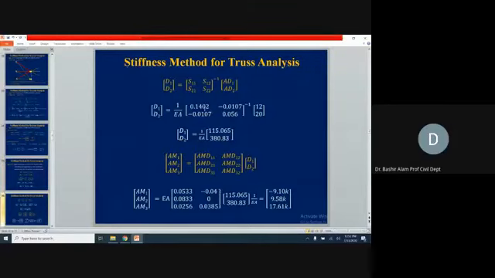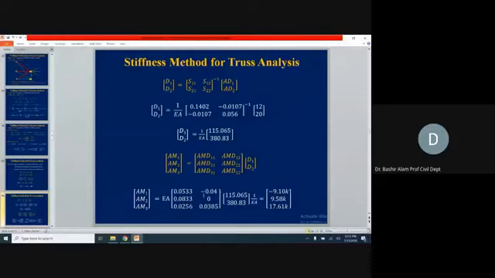Here you see this was the stiffness coefficient. This is now the AD matrix, and here D1 and D2 we find out, which is this one. D1 and D2, and now AM is equal to AMD times D. AMD we already found.